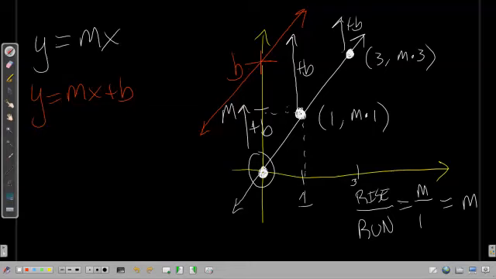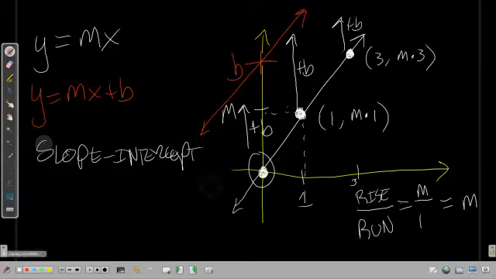Well, we're all the way there. This is called the slope-intercept form. It's called the slope-intercept form because you can witness what the slope of that line is, and you can see where it's going to cross the y-axis.